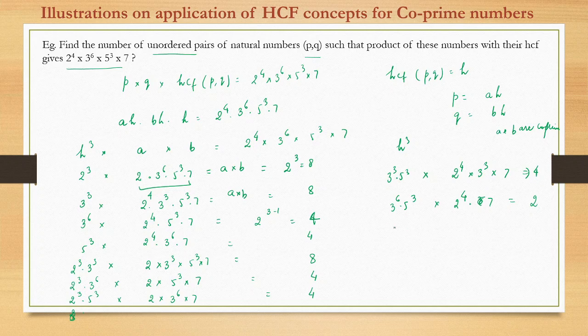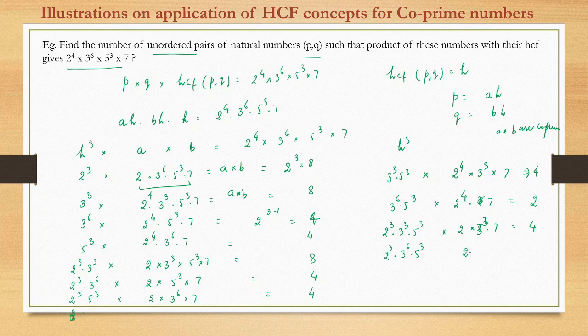Now assume it takes a value in combination, 2 cubed into 3 cubed into 5 cubed, and what remains is 2 into 3 raised to power 6 into 7. So here it will be 4 factors, and then another, 2 cubed, 3 raised to power 6 into 5 cubed.